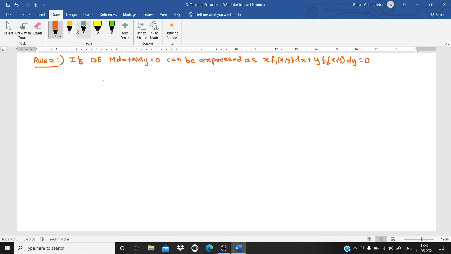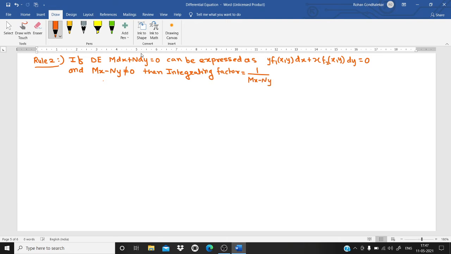Sorry, I just wrote with the opposite variables. Sorry for that. y into f1 of x comma y dx plus x into f2 of x comma y dy equals to 0, and mx minus ny is not equal to 0, then the integrating factor is equal to 1 upon mx minus ny.